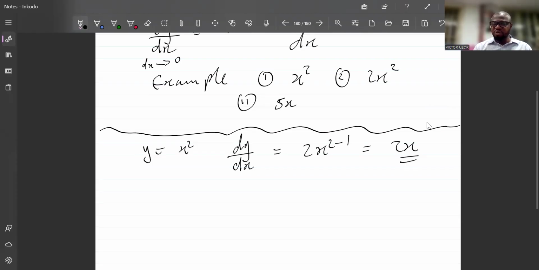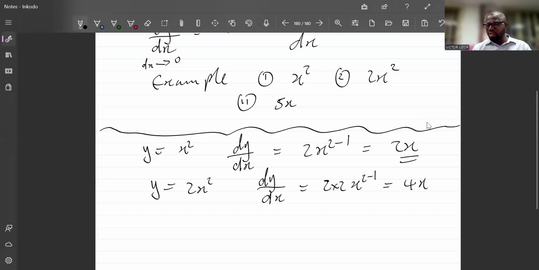That means the second one, when you have y is equal to 2x squared, so dy, meaning changing y over changing x, will give you 2 times 2x raised to power 2 minus 1, which will give you 4x.